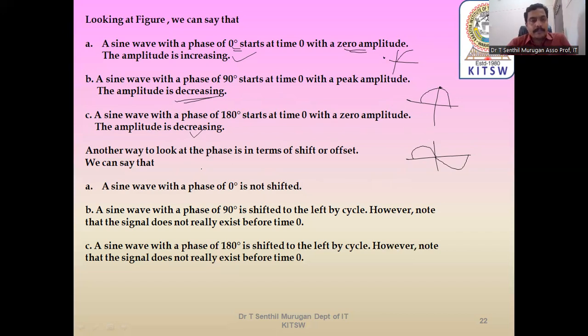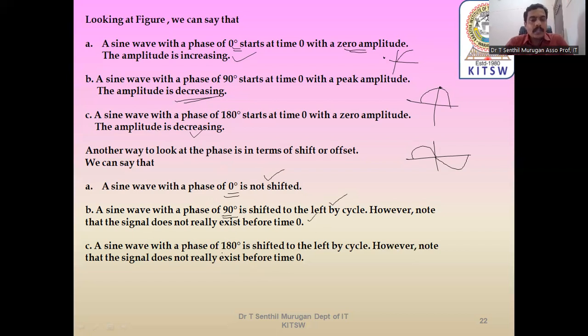Another way to look at the phase is in terms of shift or offset. If the phase is 0 degree, it is not shifted. If the phase is 90 degrees, it is shifted to the left by a quarter cycle. However, note that the signal does not really exist before time 0.